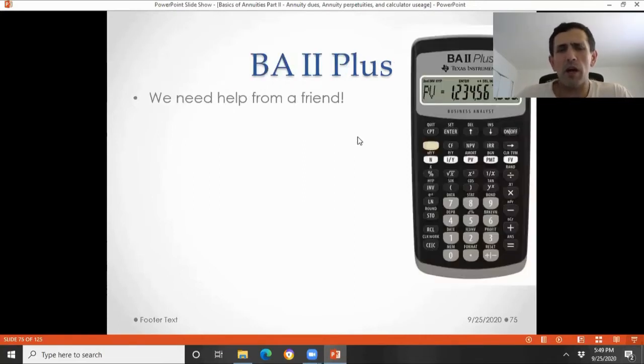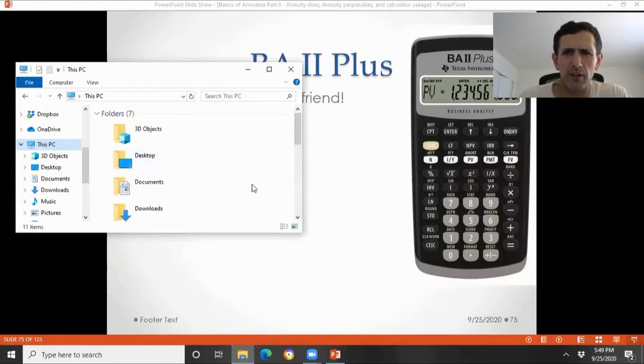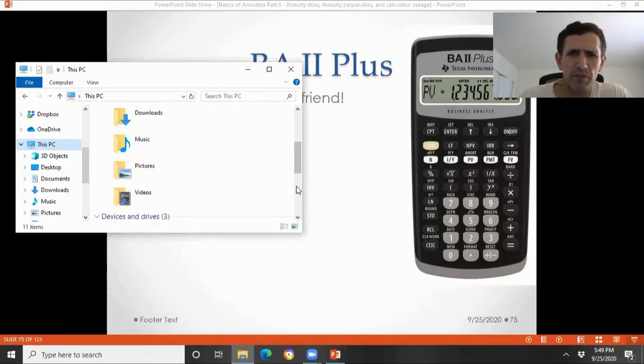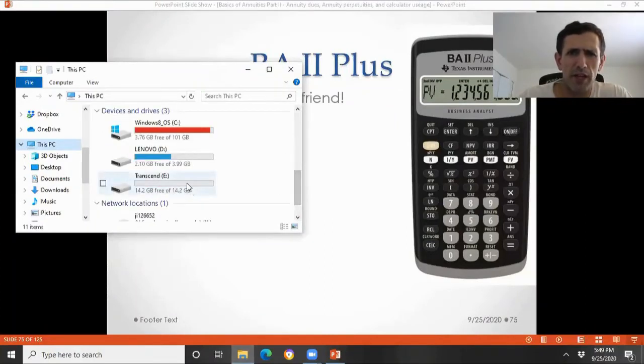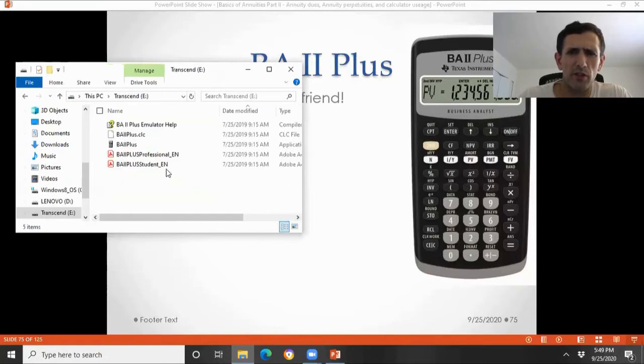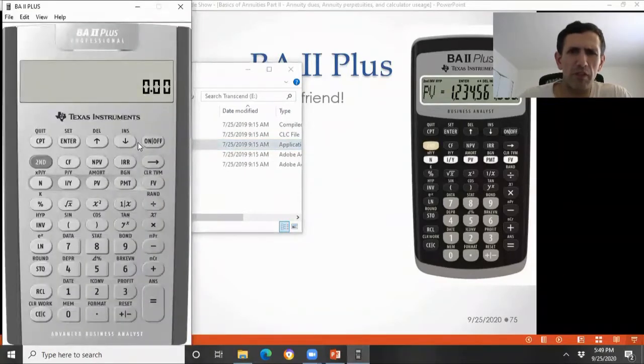So to do this problem, you're just going to need help from our calculator. So let me pop up my calculator. It's a bit annoying that you can't use the digital BA II Plus emulator without plugging the dongle into the USB port.